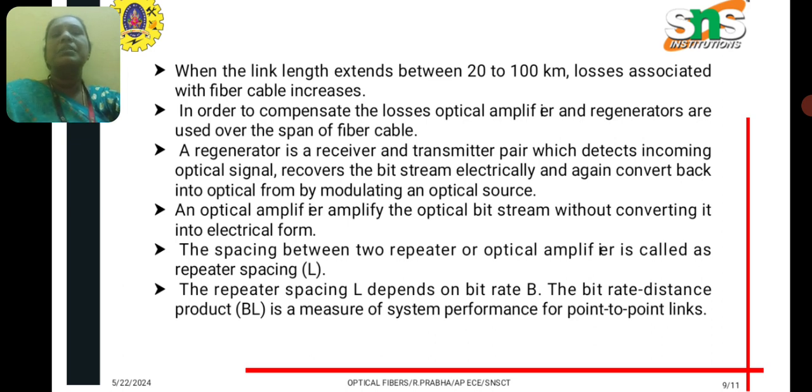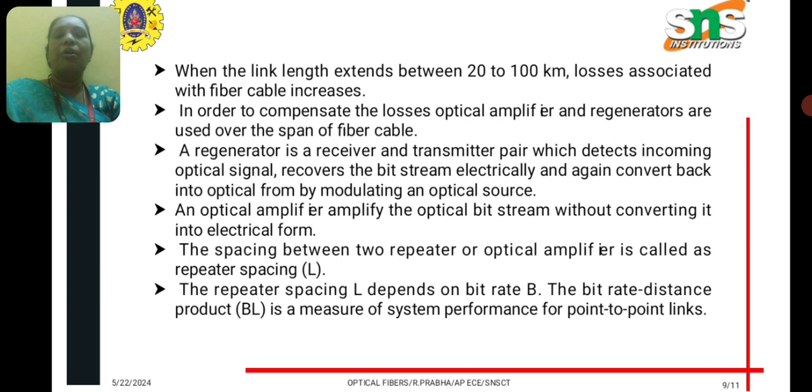To compensate for the losses, optical amplifiers and regenerators are used over the span of a fiber cable. A regenerator is a receiver and transmitter pair which detects the incoming optical signal, recovers the bit stream electrically, and converts it back into optical form by modulating an optical source.